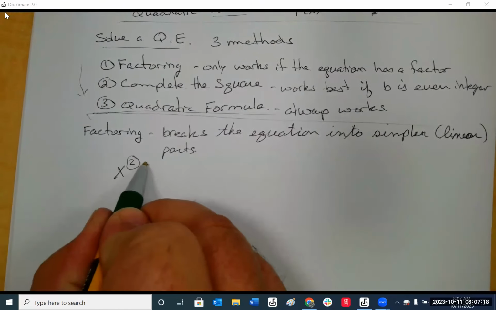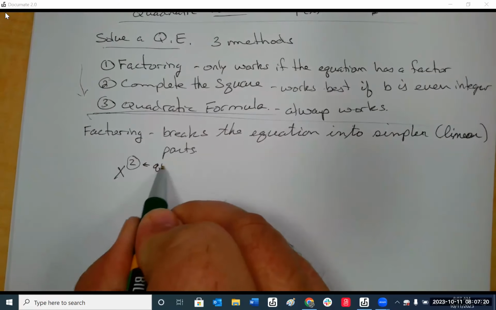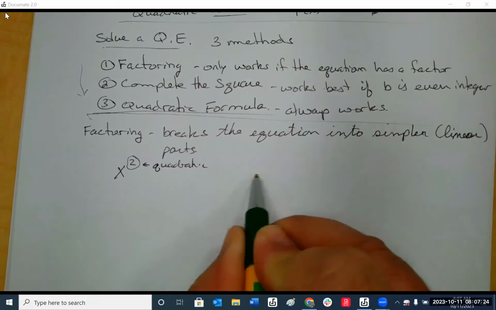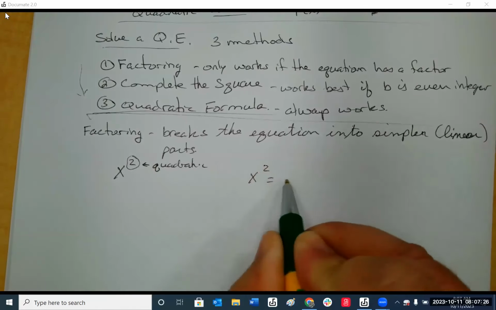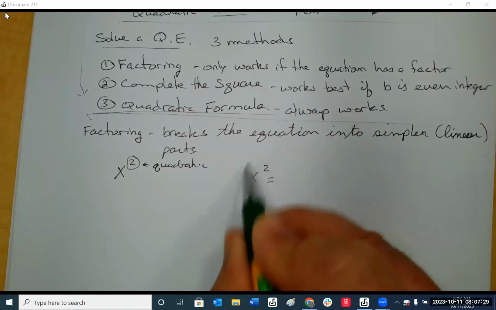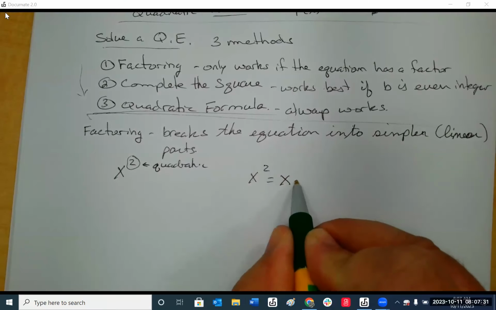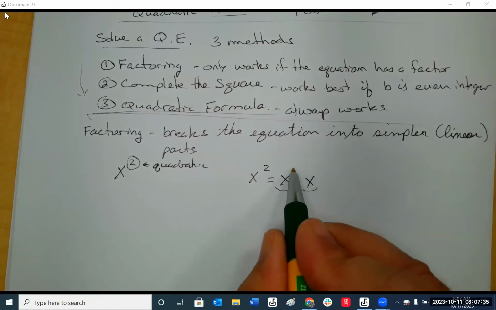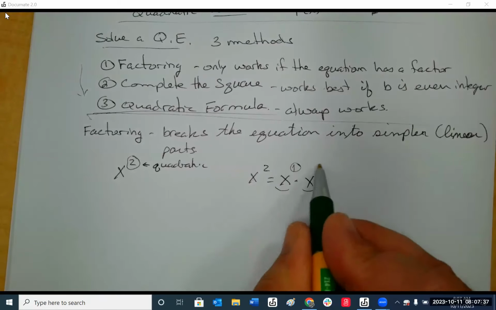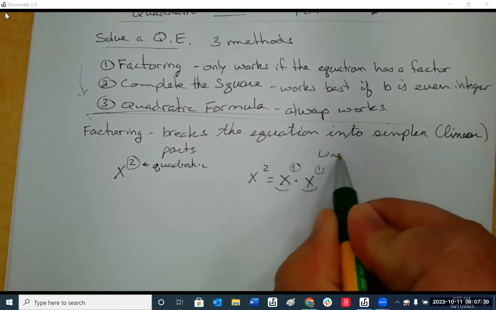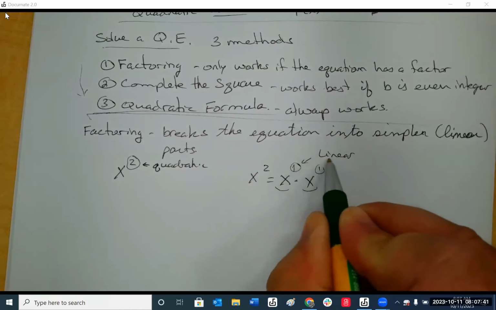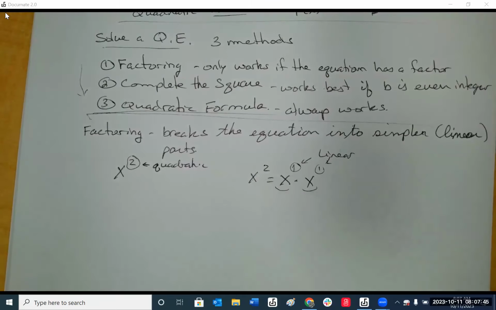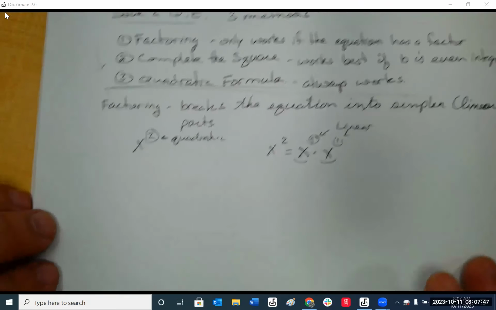That's what makes it a quadratic equation. Which means if I factor out x squared, I get x times x. These are linear because the power is 1. So a quadratic equation is made up of 2 linear equations. And that's what the whole purpose of this is going to be.